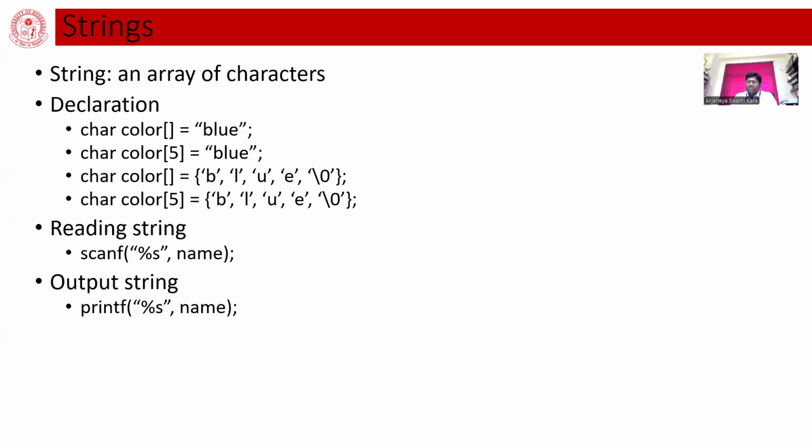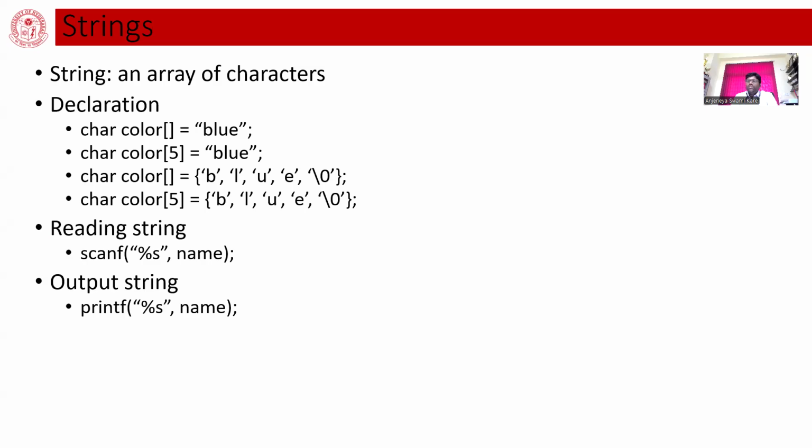But suppose my string is called name, which represents the name of the person. The name of the person is variable, in the sense that the length of the name will change from person to person. Some people have a short name, some people have a bigger name.